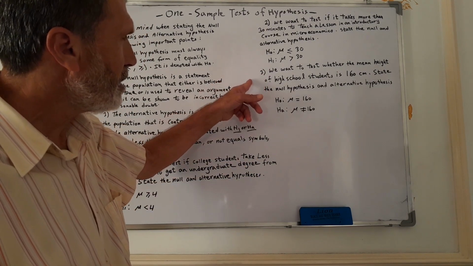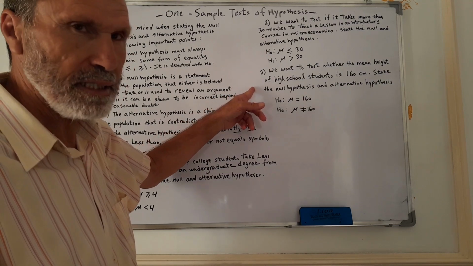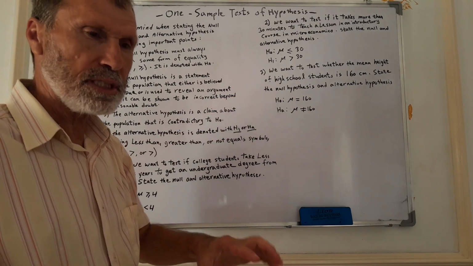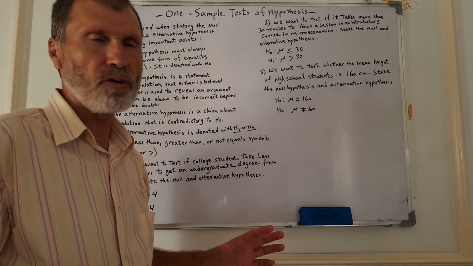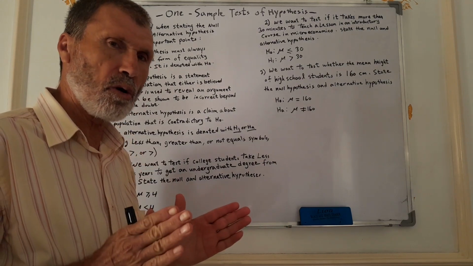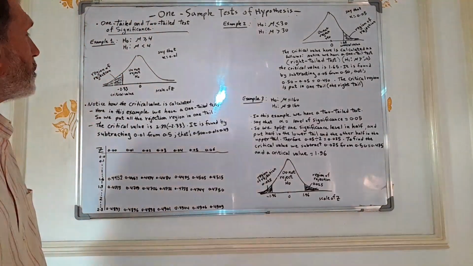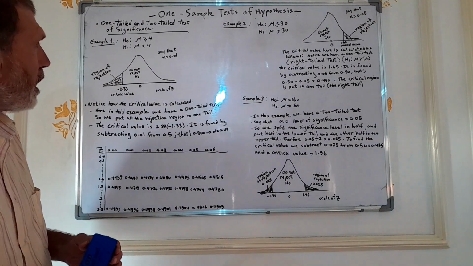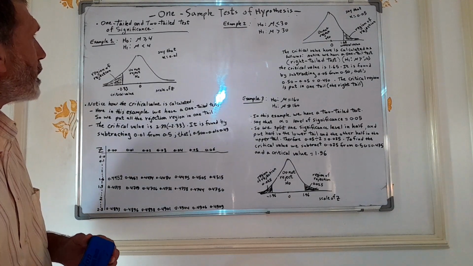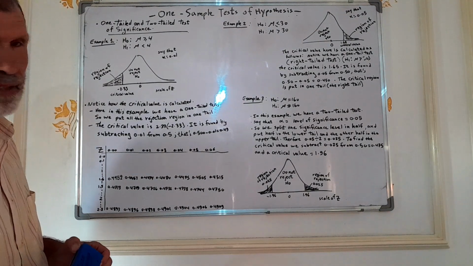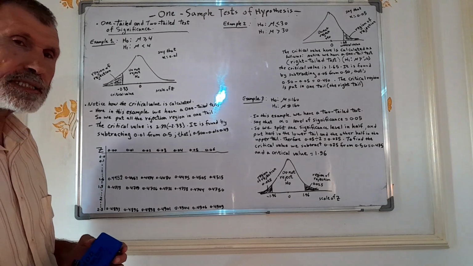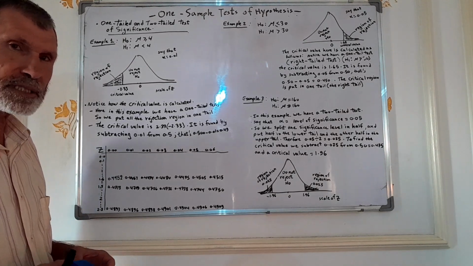I will show them graphically, and I will show the critical region and the acceptance region. Now we are applying the one-tail and two-tail test of significance using the examples I just presented.